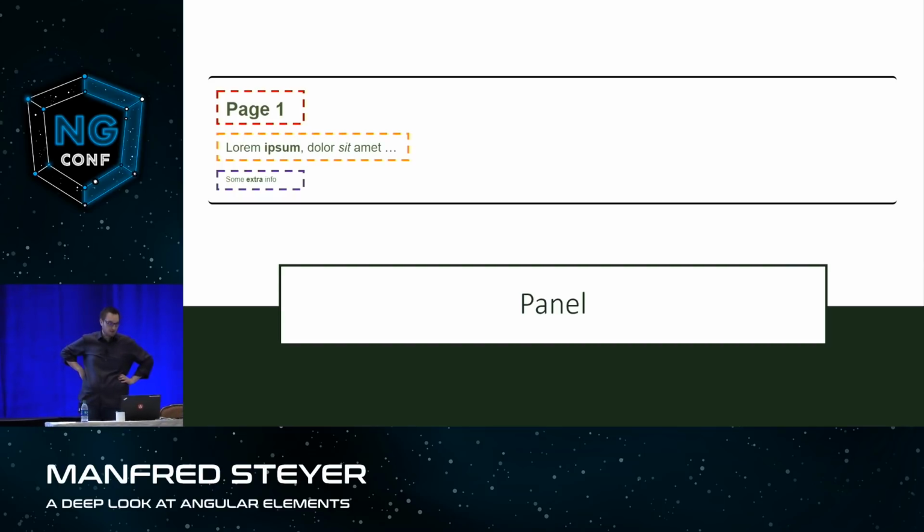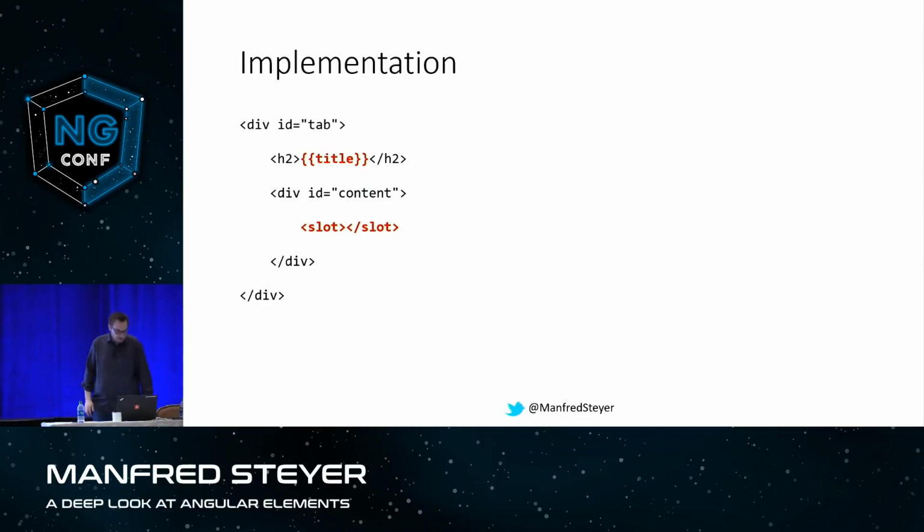And as you see, there is also some small printed stuff projected in here. This is what I want to do. And to accomplish this, I have to define placeholders within the template of my component. And those placeholders are defined using the slot tag.